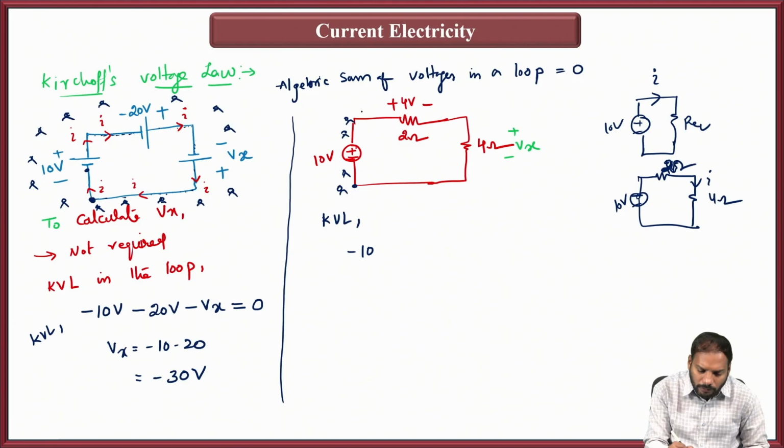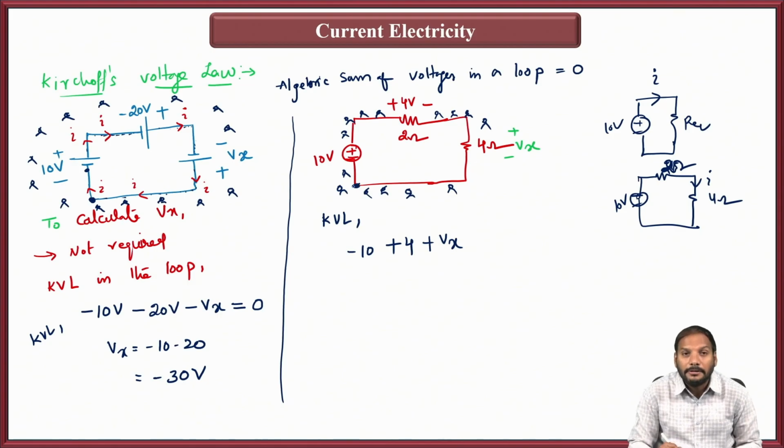Then you keep walking and touch the positive sign of the 4 volts, because this is a voltage drop of 4 volts across the 2 ohm resistor, so I keep it positive. Continuing, you touch the positive terminal of the unknown value Vx, leave the negative terminal, and come back to the same point.